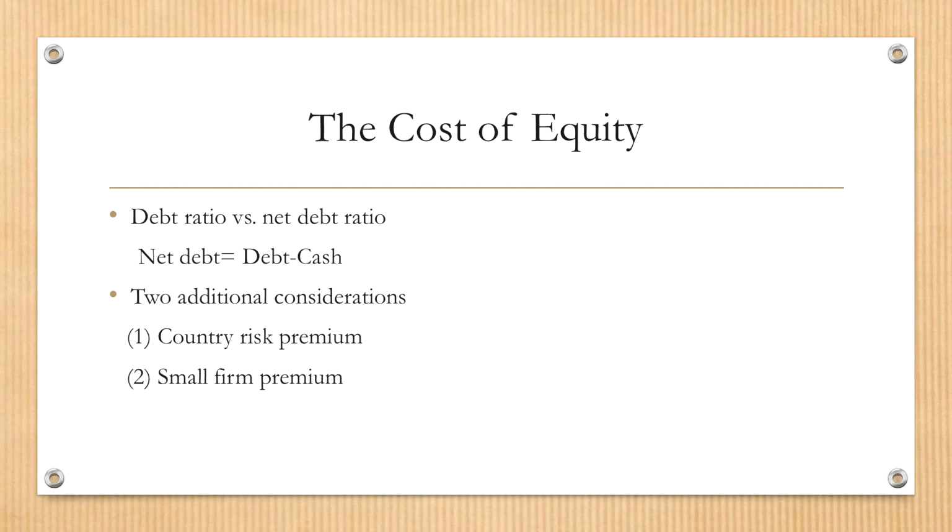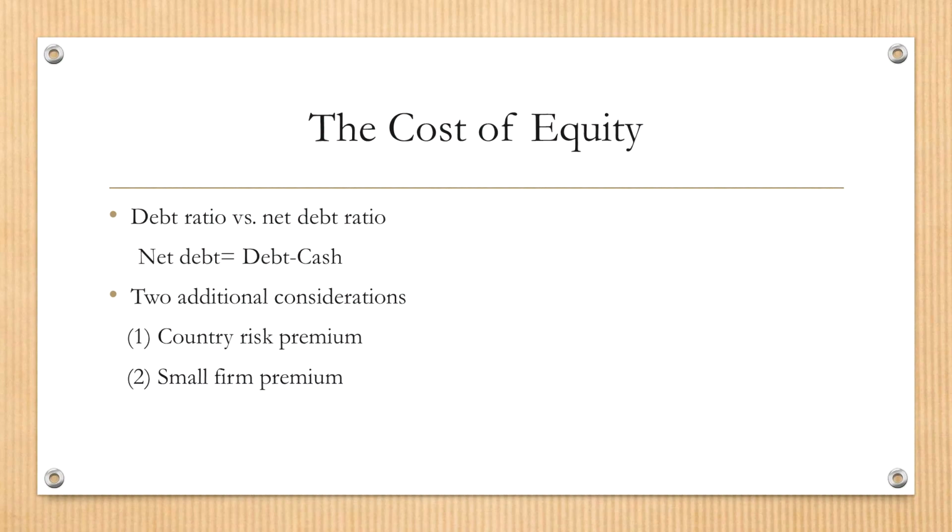So for the company that has a large amount of cash, if you use that ratio, then it's likely that you may underestimate or overestimate this levered beta. So make sure you understand the difference between this net debt ratio and debt ratio as well.